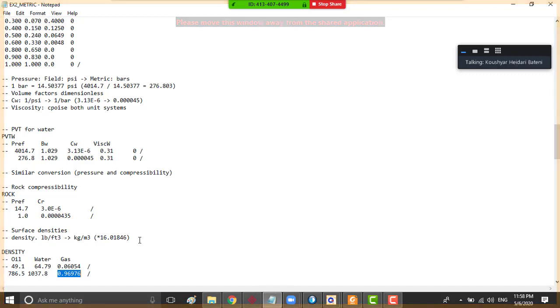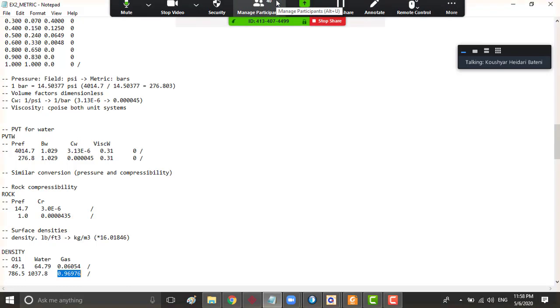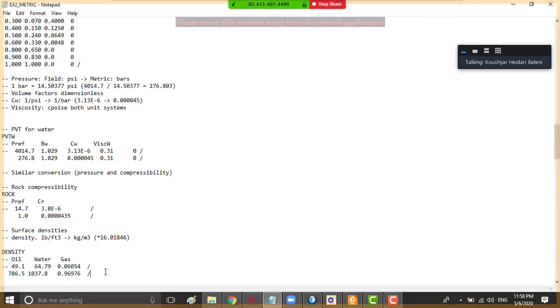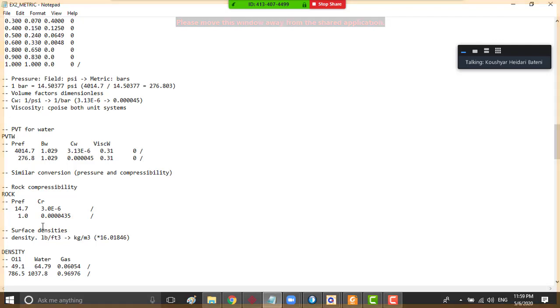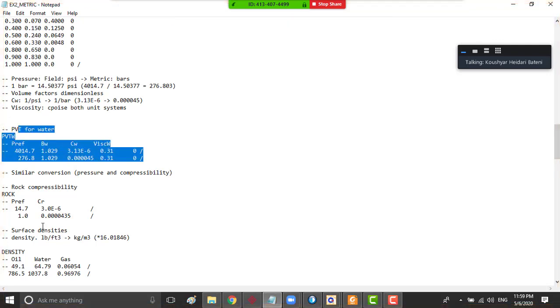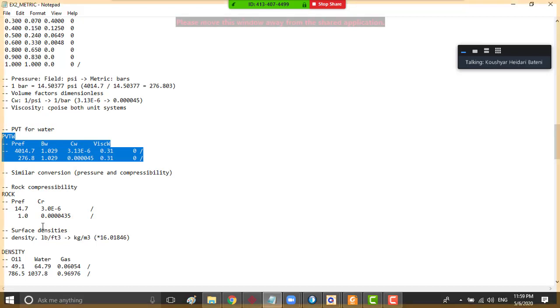Now guys, a very important thing to keep in mind here is that we need to terminate all of these keywords with a slash, right? You see that after every keyword, when we input our data, we use a slash in order to tell our compiler that this part of the code has finished.